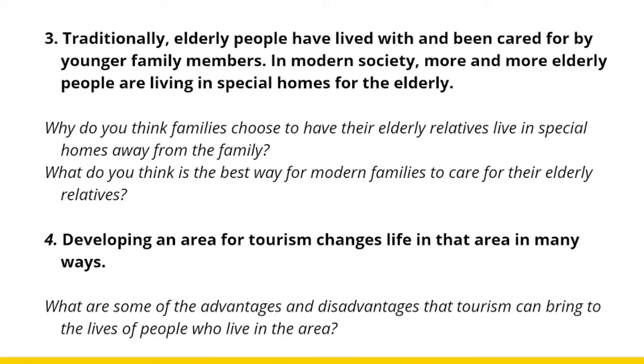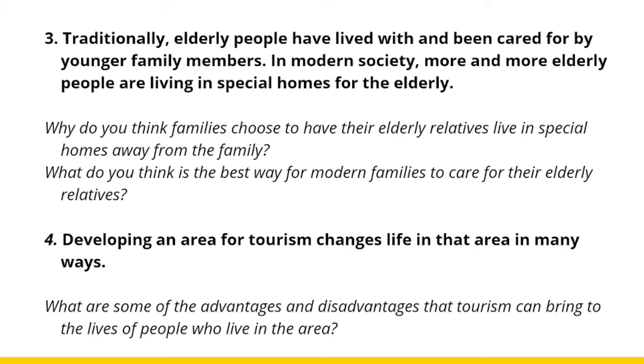For example, your body paragraphs 1 and 2 can be two reasons why families choose to have their elderly relatives live in special homes away from the family. So you would write body paragraph 1 explaining one reason for this problem, and body paragraph 2 can be a second reason explaining the same problem basically. And your body paragraph 3 could be the answer to your second question.